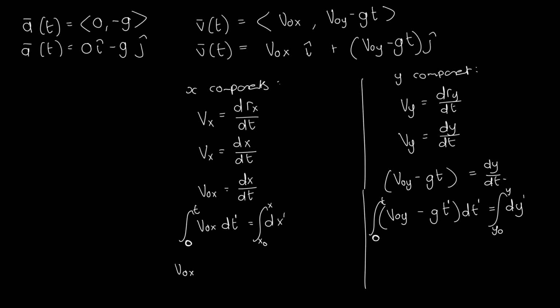So v0x, we're going to have a t, and then let's do it the long way. So first up, v0x is a constant. So we're going to have the integral from 0 to t of v0x dt prime equals the integral from x0 to x of dx prime.